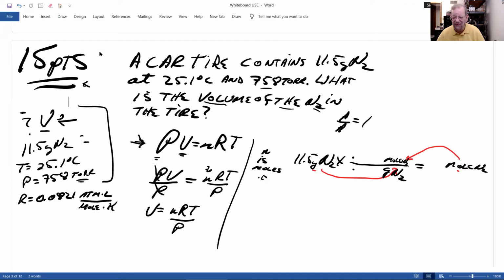And where do I get these numbers? Remember, 1 mole of a compound equals the molecular weight. So I need 1 mole of nitrogen gas, N2, and I have to calculate that.